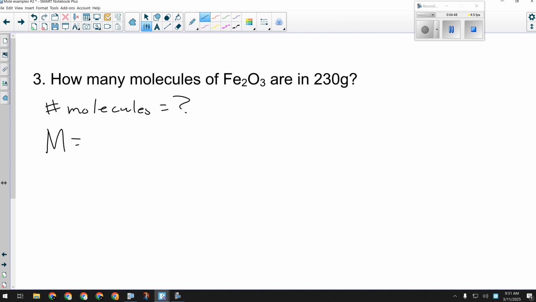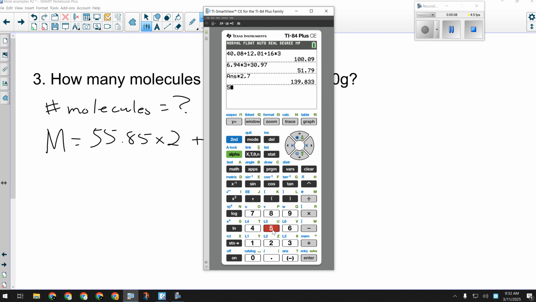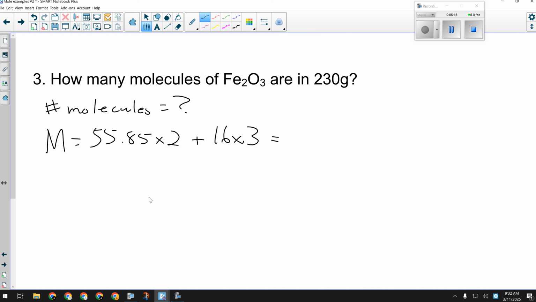So 55.85, I always get it backwards. 55.85, and there are 2 of those, so that's my 2 irons, plus 3 oxygens, so 16 times 3. So 55.85 times 2 plus 16 times 3. All right, so 159.7 grams per mole for my molar mass.